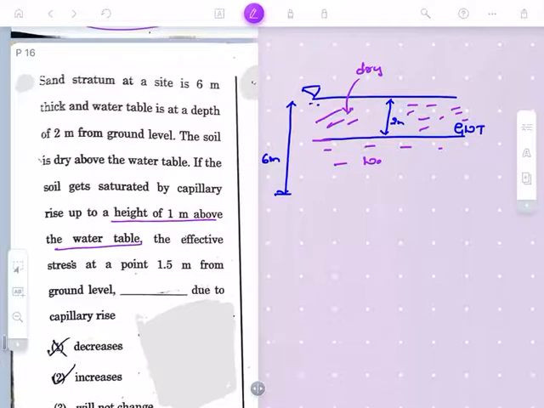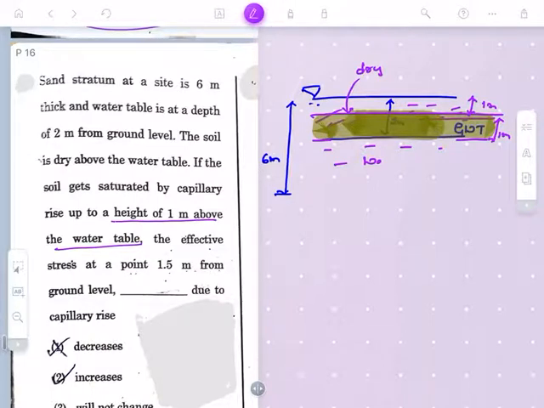The question is telling capillary rise of 1 meter above the water table. Up to 1 meter above the water table there will be a capillary rise due to which saturation is going to take place.